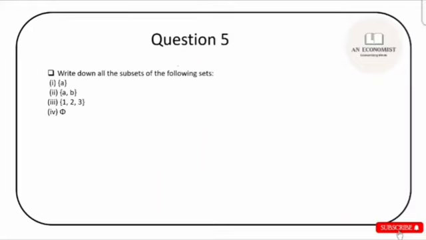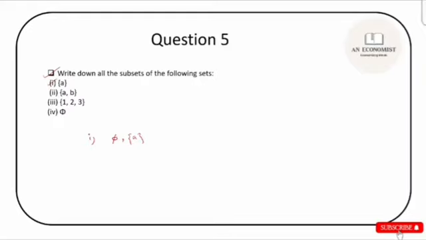Let's do one more question, then I will end this video and we will do the next questions in the next lecture. So this question says, write down all the subsets of the following sets. The first set is given to be {A}. Now in the properties of subset we have stated that phi is a subset of every set and the set itself is a subset of every set, right?